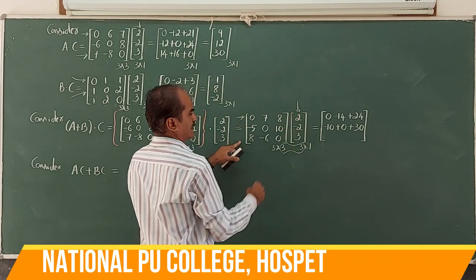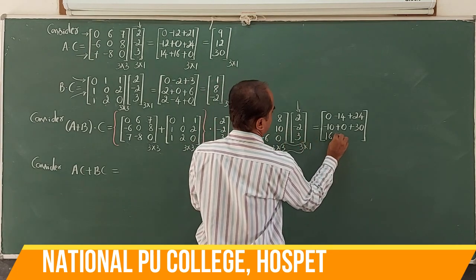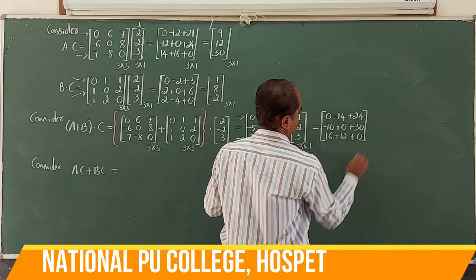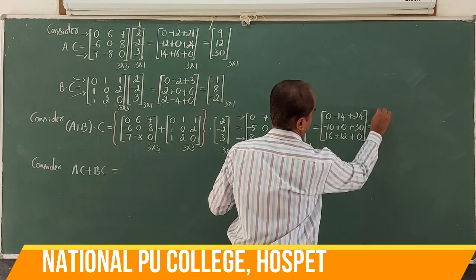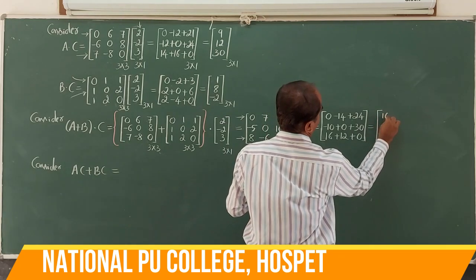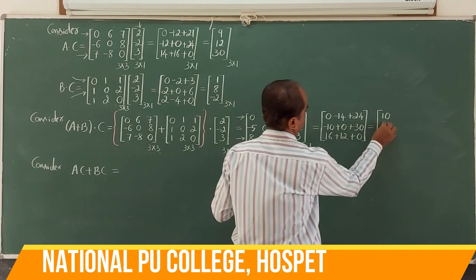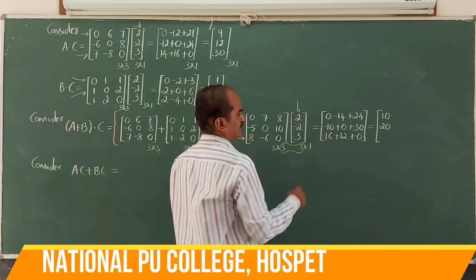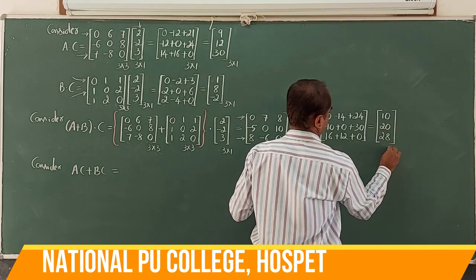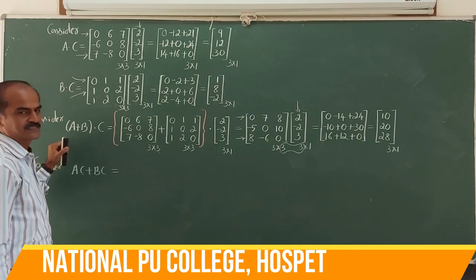Third row with the column: 8 into 2, 16, minus 6 into minus 2, plus 12, 0 into 3, 0. Simplify this. You are going to get 24 minus 14, it is 10; 30 minus 10, it is 20; 16 plus 12, 28. This is the (A plus B) times C matrix.